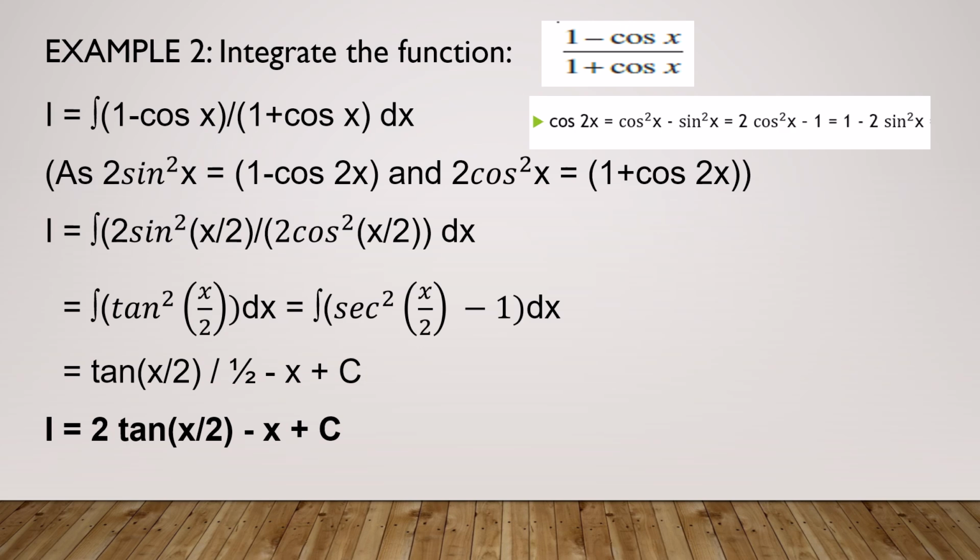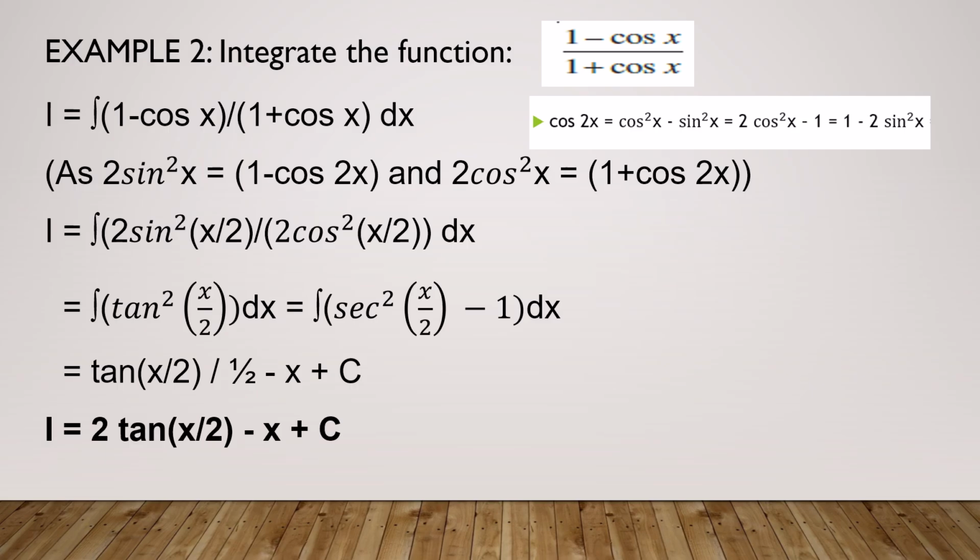Next we use the integration formula for tan square, here tan square x by 2. So the integral will be sec square x by 2 minus 1, because tan square is sec square minus 1. Why are we doing this?